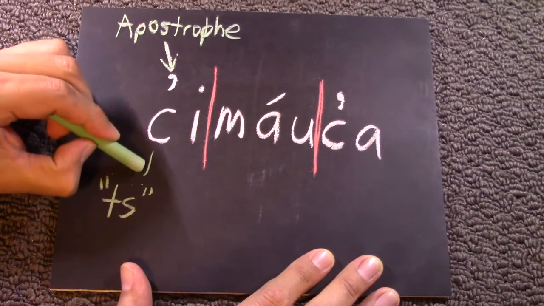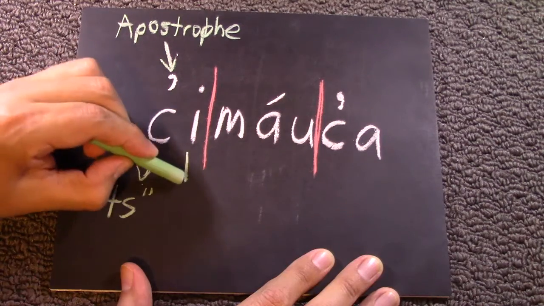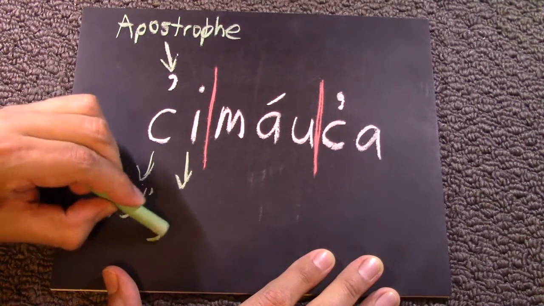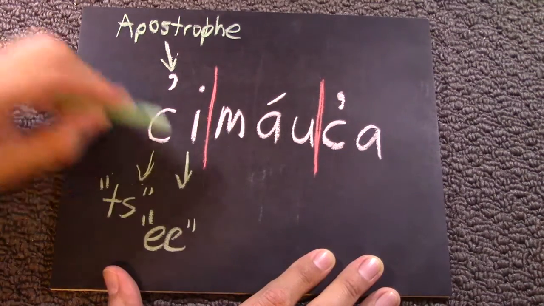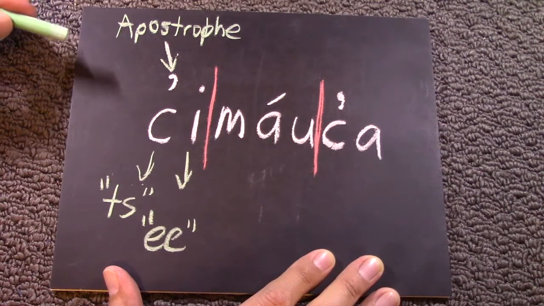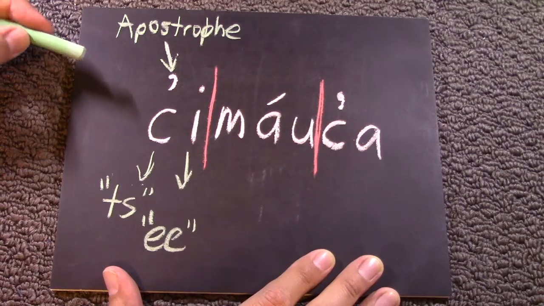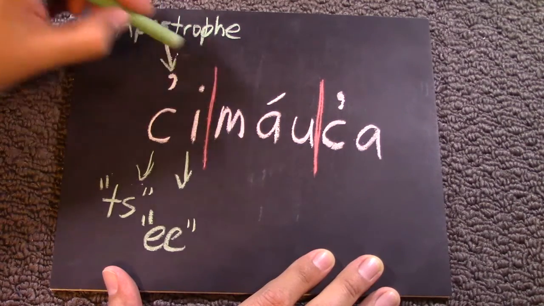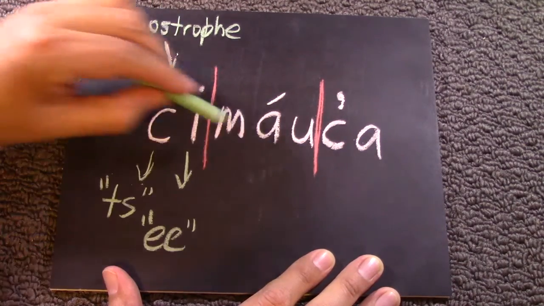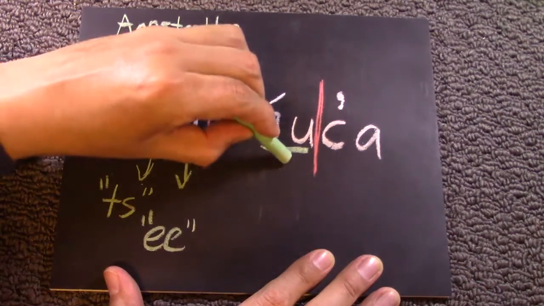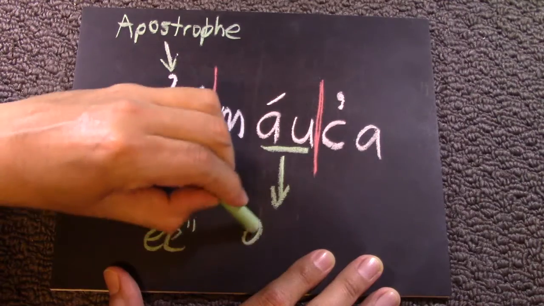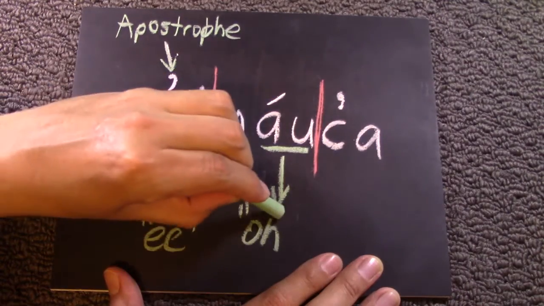This I sounds like E. So that's the regular sound of an I in xa'isla. Makes an E sound. M is a regular M, like in English. The A and the U go together and they make an O sound.